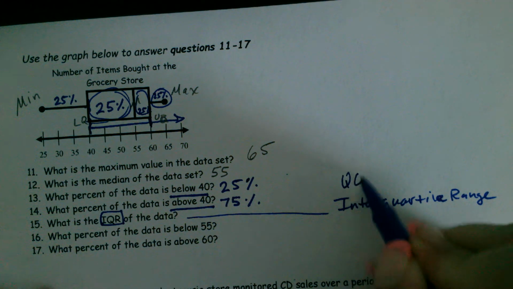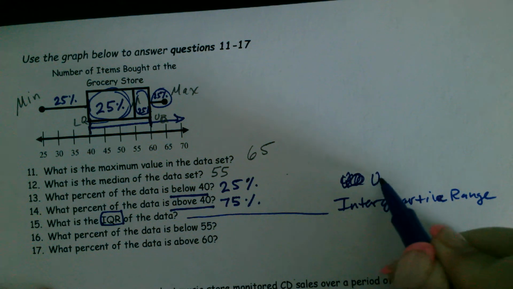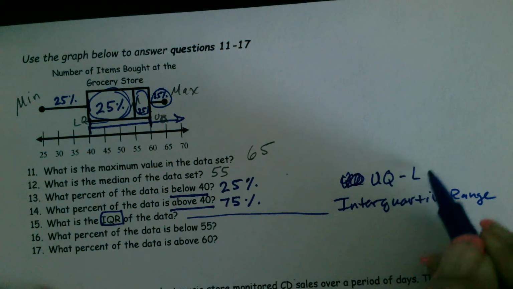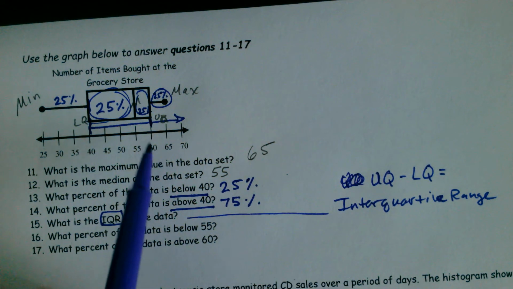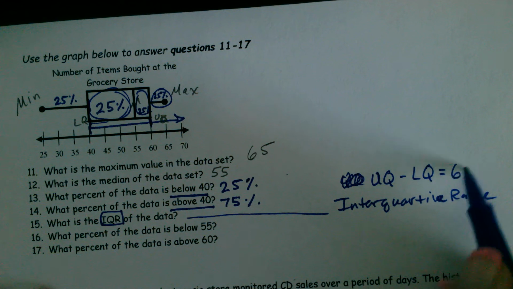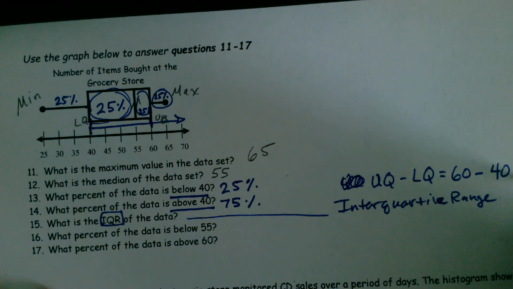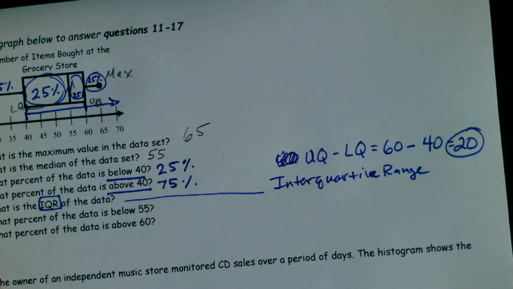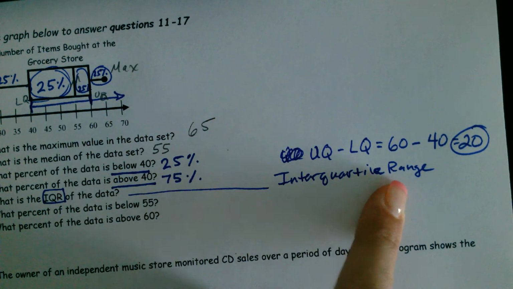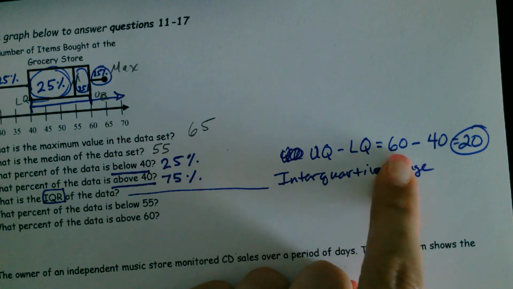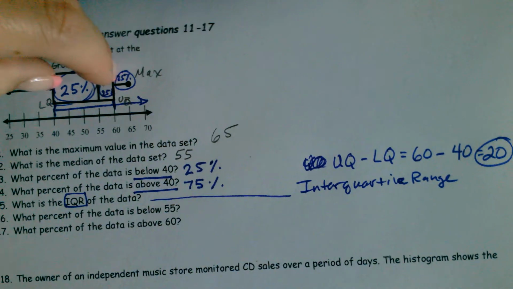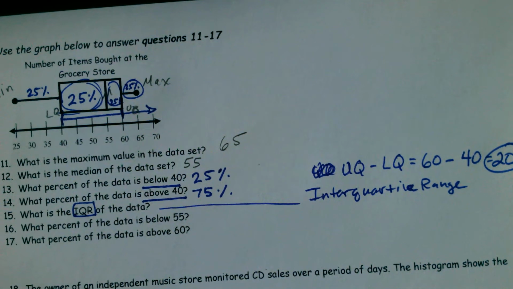So it's the upper quartile minus the lower quartile. The upper quartile is 60, the lower quartile is 40. 60 minus 40 is 20. So for your interquartile range, you know you're going to be subtracting, and we're talking about this middle 50%.